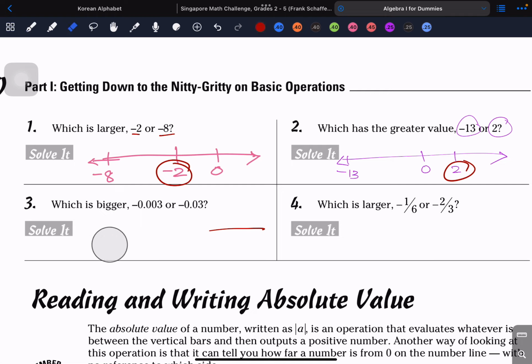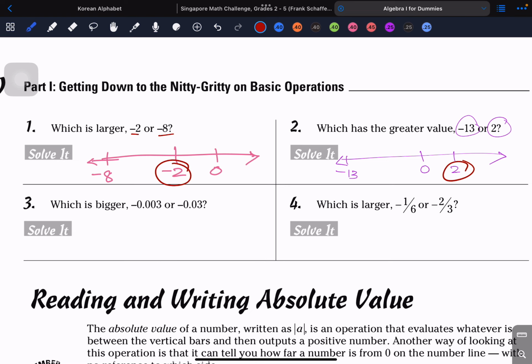Next. Hmm. Challenging. Which is bigger? Negative 0.003 or negative 0.03? Medyo ano yan. Halimbawa, ito yung 0. Ito yung negative 1.